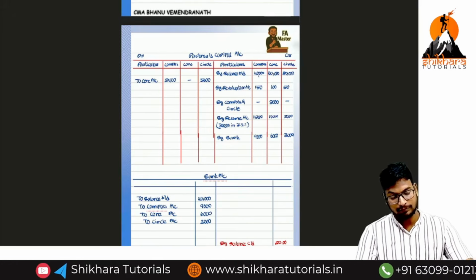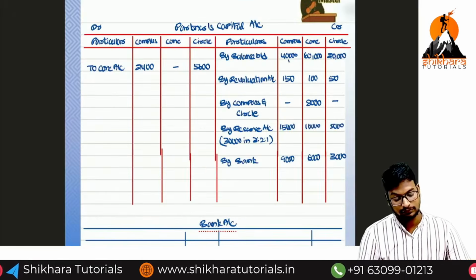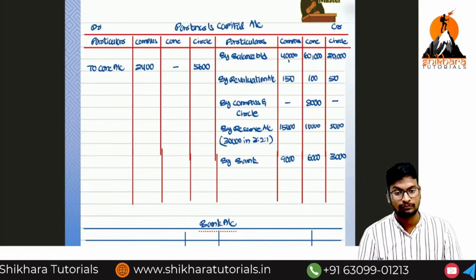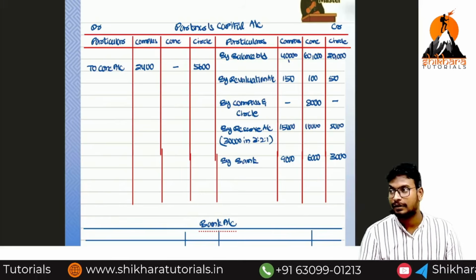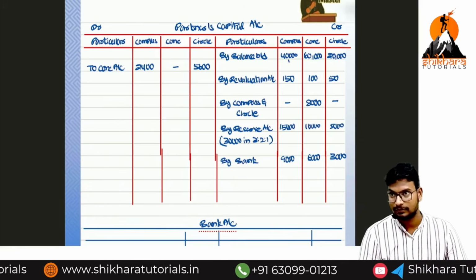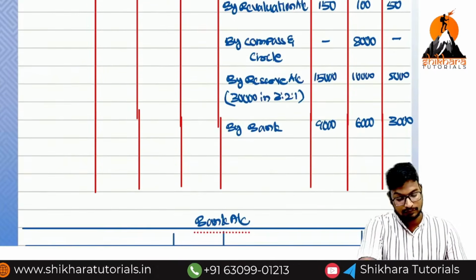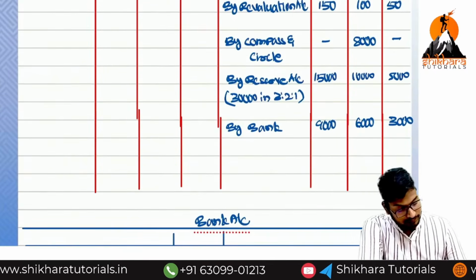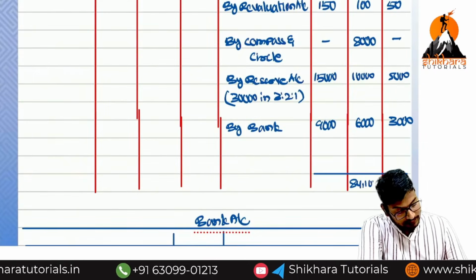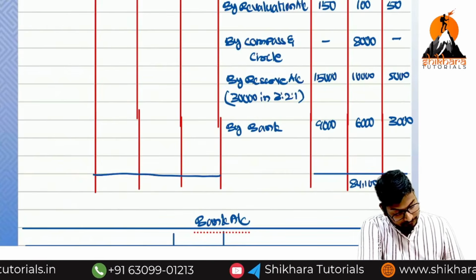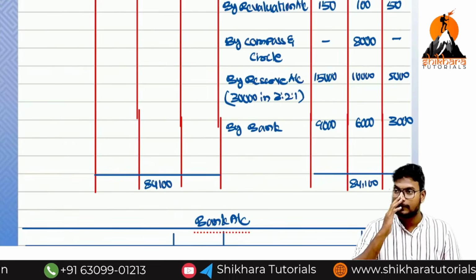What is the total of cone? 84,100. So what is the balancing figure?